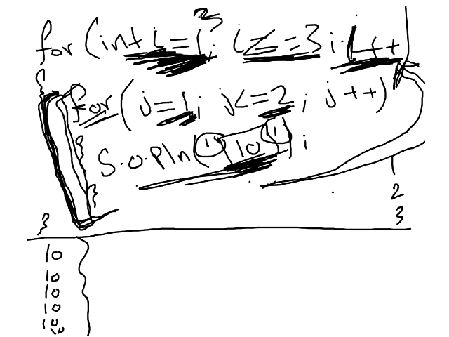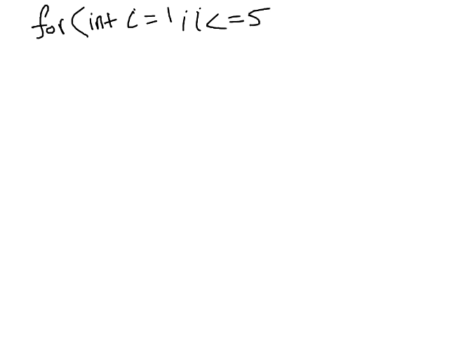Now let me give you another example, which I will also want you to think about. We will say for int I equals 1, I less than or equals 5, I plus plus.